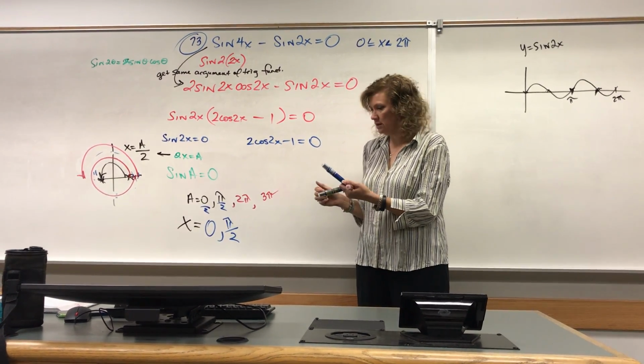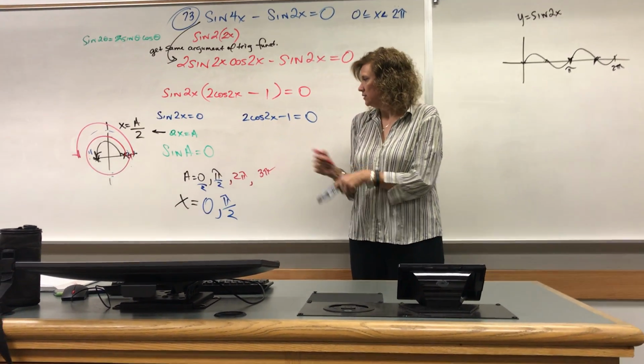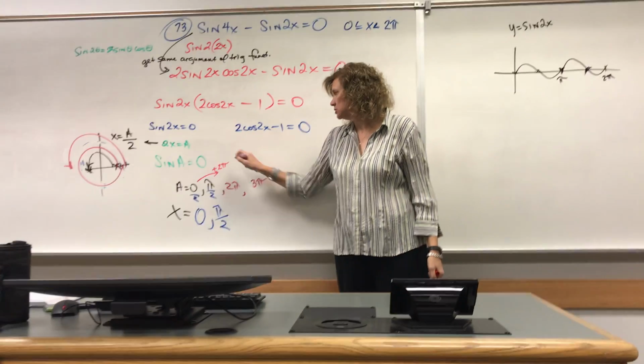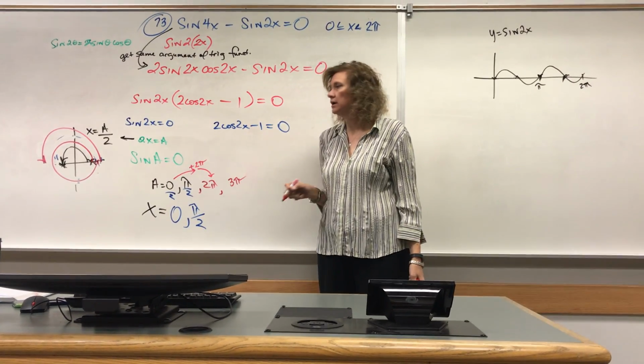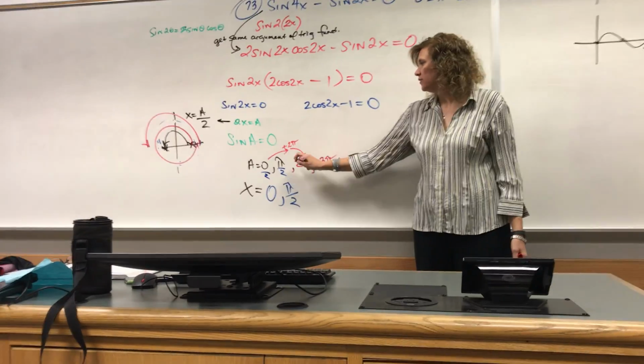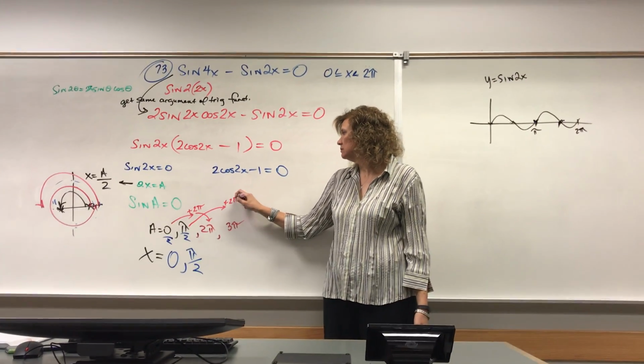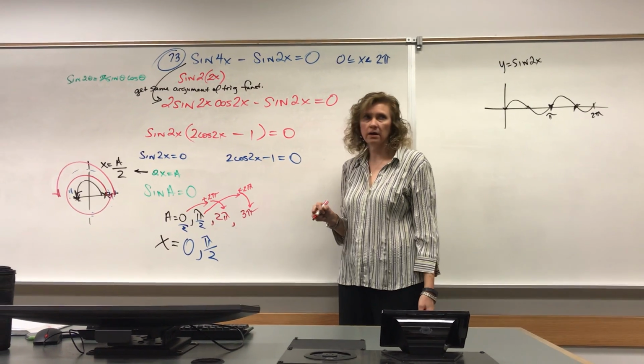Okay, and if we think about it, if I took 0 and added a revolution, which in radians is 2 pi, I get 2 pi. If I take pi and add a revolution, I get 3 pi.